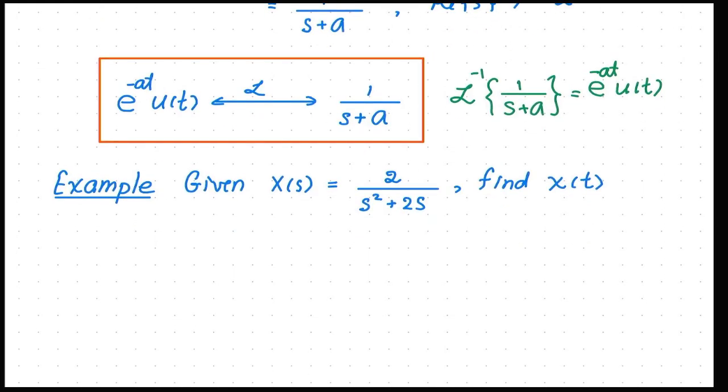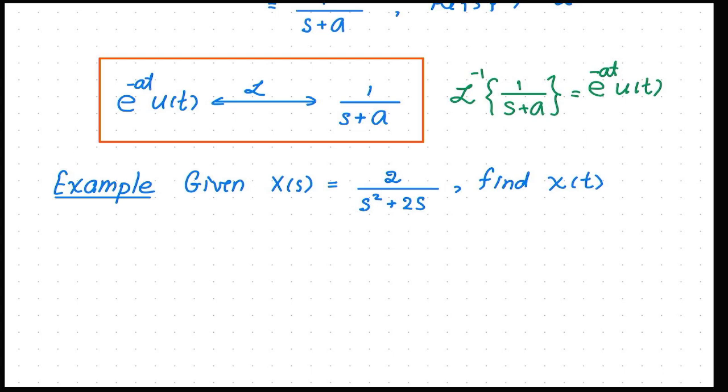Remember the process, remember the trick. We are not familiar with this one. We haven't seen this before. But the trick is to try to write this down as something that we have seen before. So what have we seen before? We have seen 1. We have seen 1 over s. We have seen 1 over s plus a. So try to rearrange this into something that we've seen before.